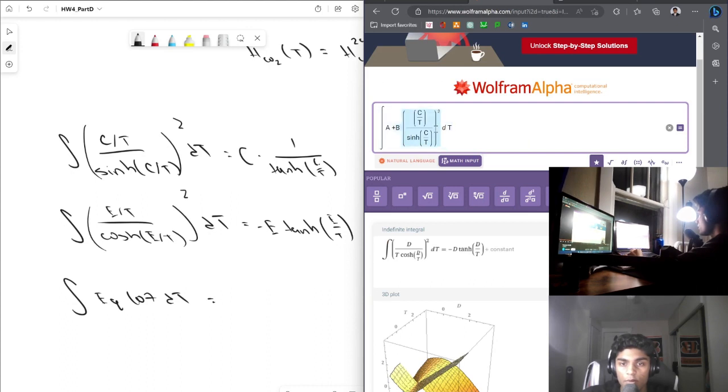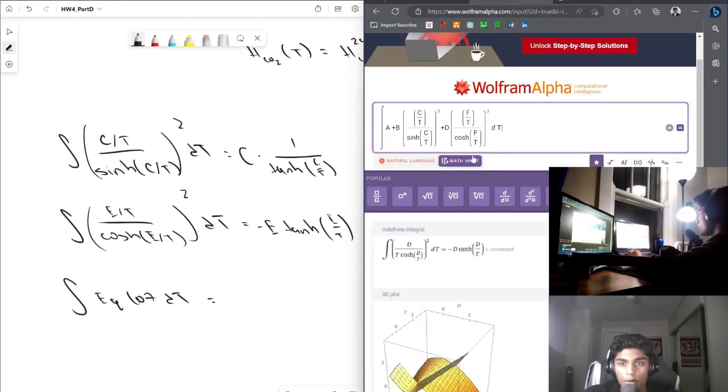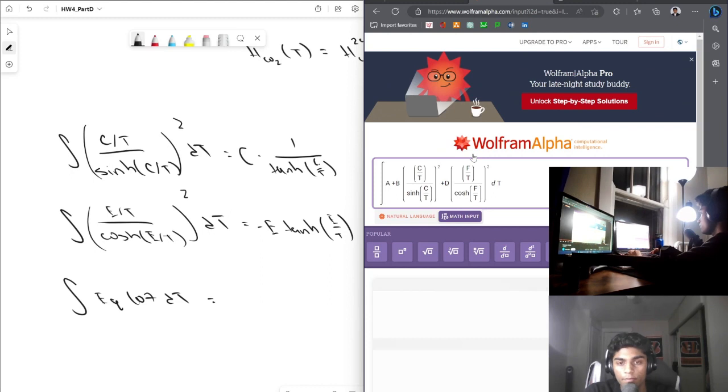So I'm just going to copy this, Control C, plus D, and instead of E, let's use F, because for some reason it doesn't want to play nice when we use E. So cosine hyperbolic, double check. Yep, looks good. Okay, and let's run it.